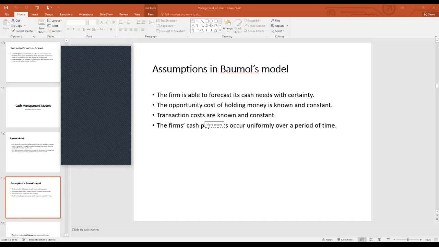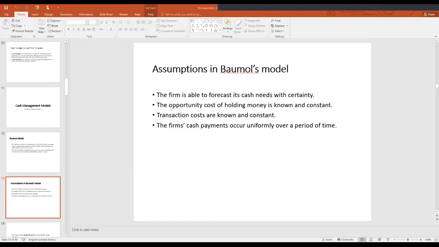Then you have the cash flows. Cash payments occur uniformly over the period of time. If it's about cash generation, then you're going to be generating cash on a uniform basis. If the first month is 1,000, then you assume that every month you're going to be generating 1,000. So you assume that there's uniform cash generation.